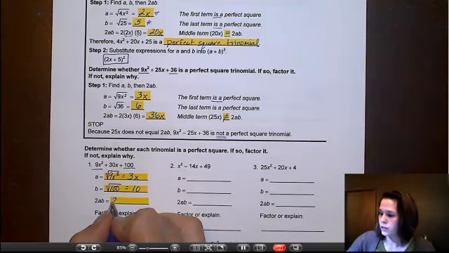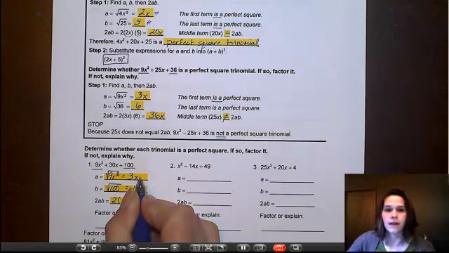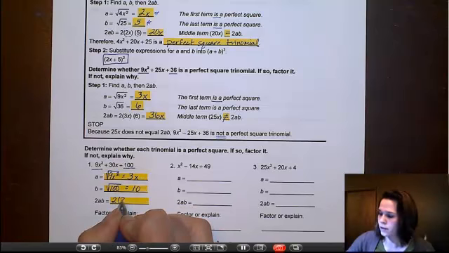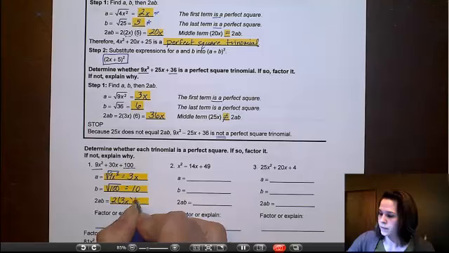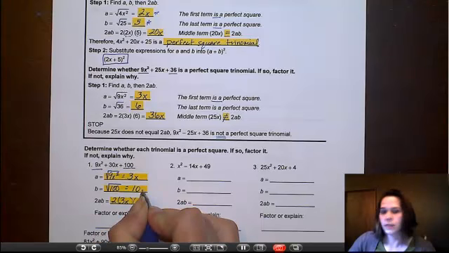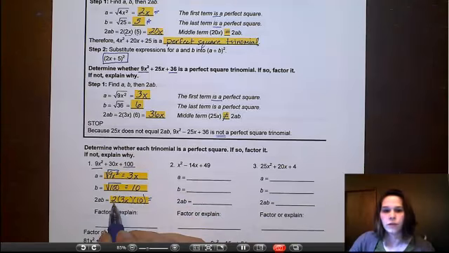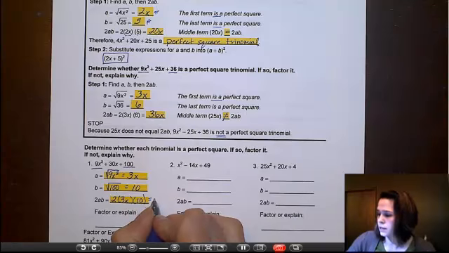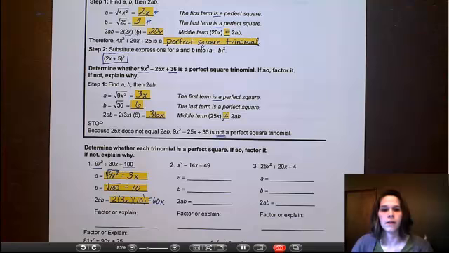Let's find my 2ab. So 2 times a, not 9x squared, but the 3x that we found, times 10. 2 times 3 is 6, times 10 is 60x.